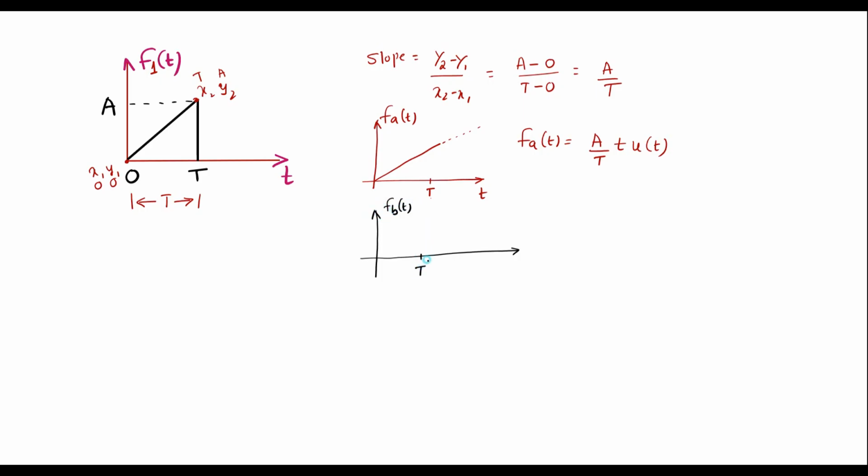At t equal to T, I will add one negative ramp signal like this, of slope minus A by T. It is delayed by T, so I can call it a shifted ramp signal. fb of t is minus A by T, t minus T, u of t minus T. If we add fa of t with fb of t, the resultant signal will appear like this.